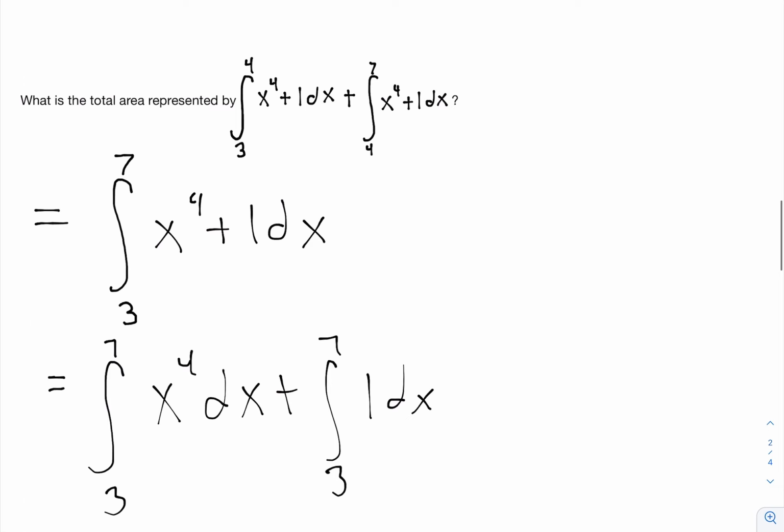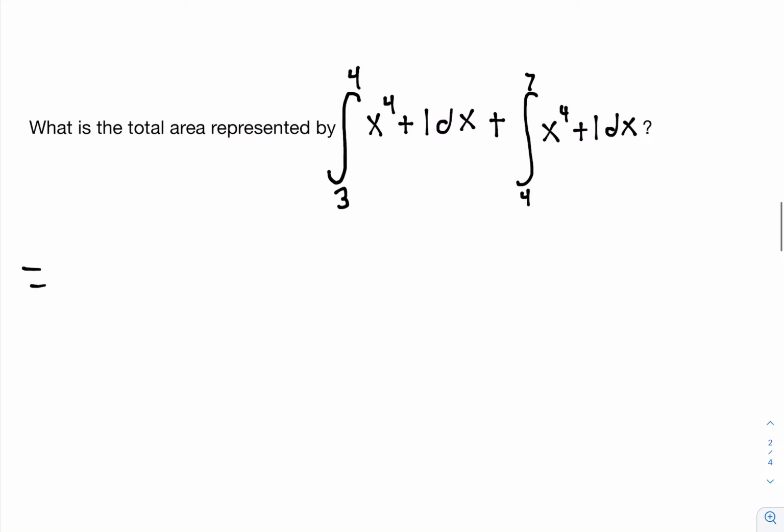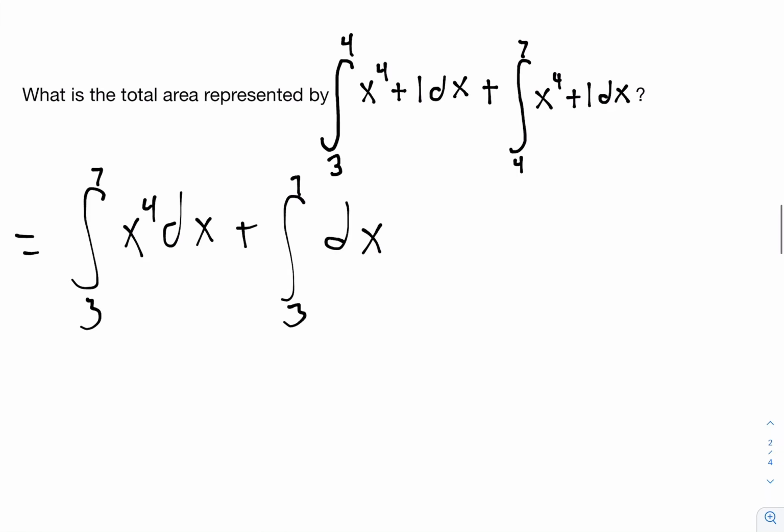right? So just for sake of space, I'm just going to write that up here. This is going to be the integral from 3 to 7 of x to the fourth dx plus the integral from 3 to 7 of just dx. So what's the antiderivative of x to the fourth?